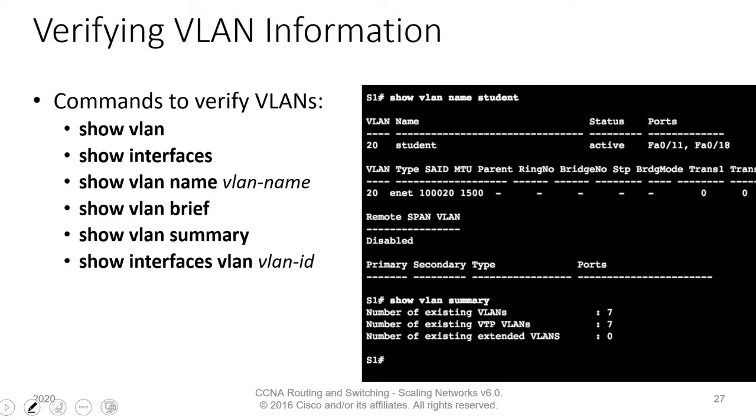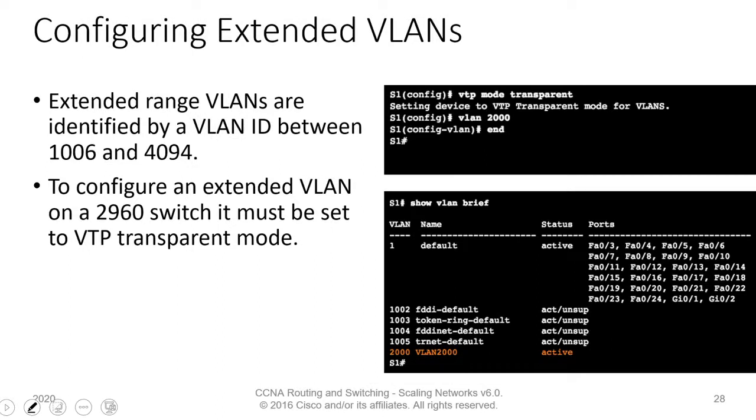Then again, this is something you could recall from the previous courses: some of the commands that we can use to verify our configurations about VLANs and what VLANs are associated to what interfaces, and so on.